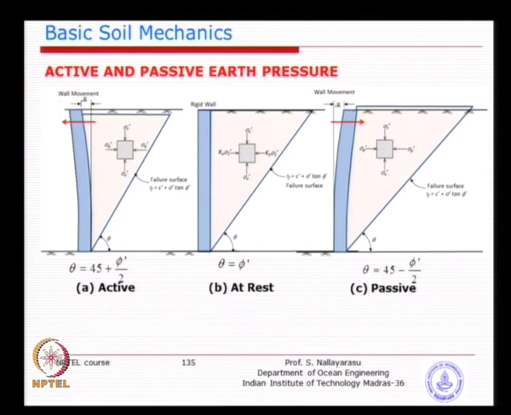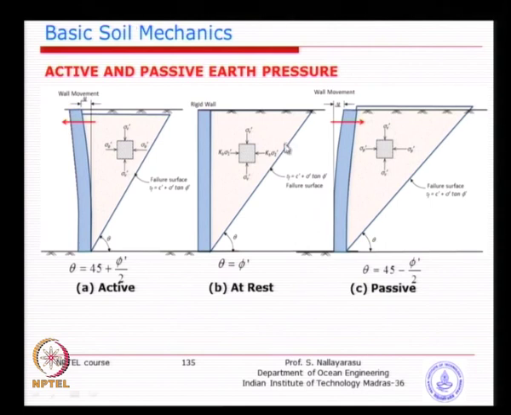We will see this picture. If you see at the center, the soil is subjected to vertical and horizontal stresses. Vertical stress is primarily due to, in this case, its own weight, and horizontal stress is due to confinement.